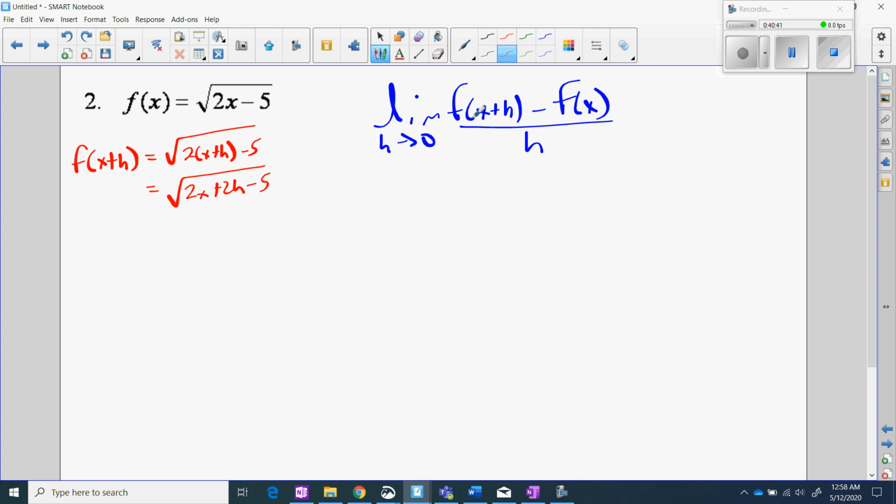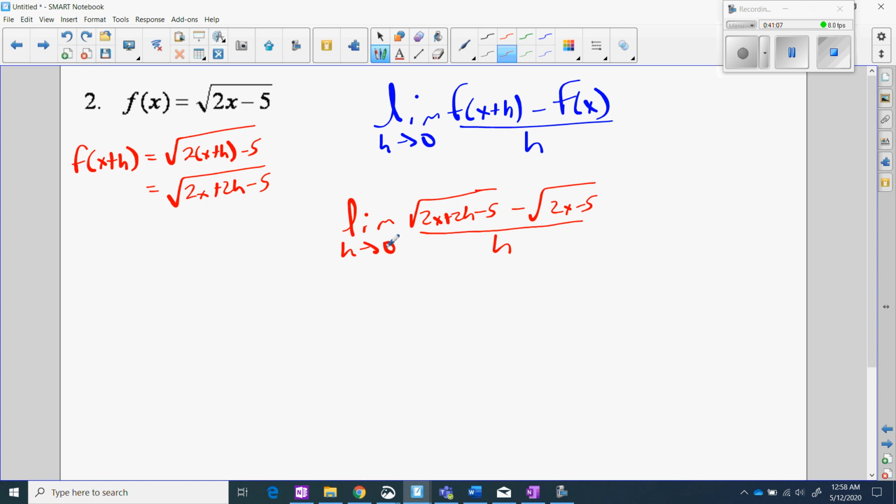So that's going in here for this. Limit of square root 2x plus 2h minus 5 minus square root, so f of x, says right here, f of x is this, 2x minus 5, all of that over h as h goes to 0.